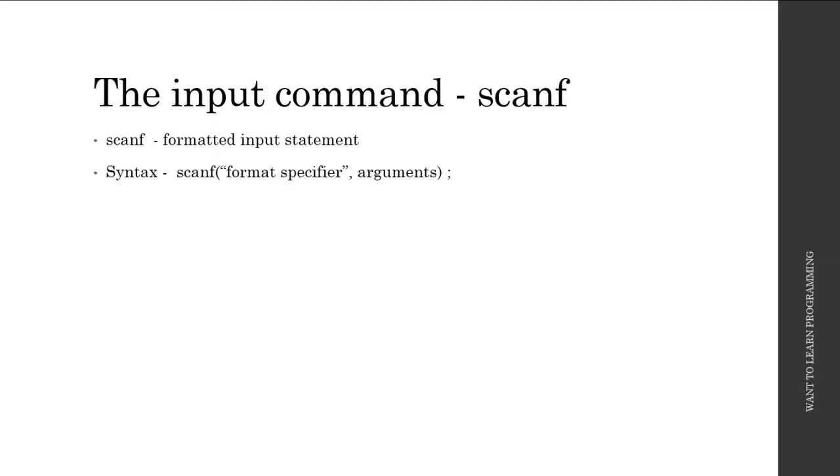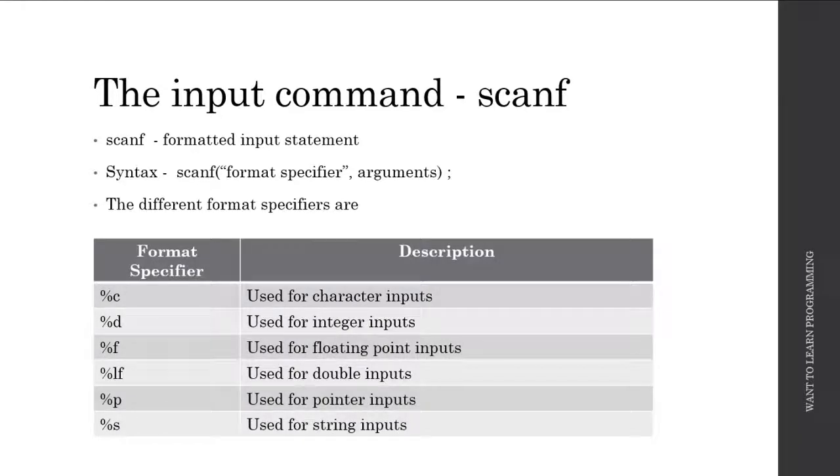The different format specifiers are: %c is used for character inputs. %d is used for integer inputs. %f is used for floating point inputs. %lf is used for double inputs. %p is used for pointer inputs and %s is used for string inputs.